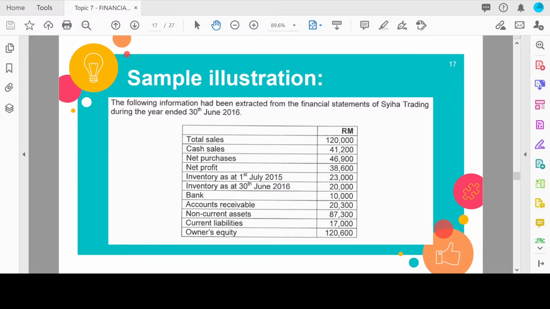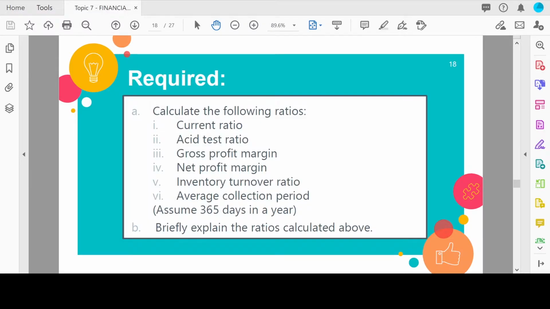They did not provide you with proper statements. So when we need to use information that is not there, you have to recall the preparation of the financial statements, on how to calculate certain items.